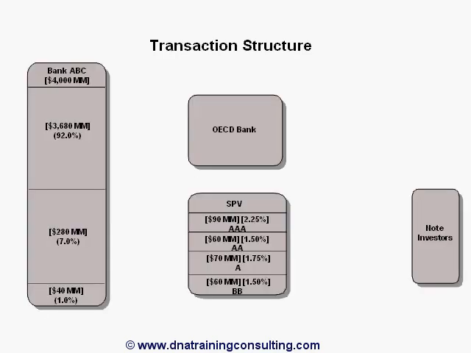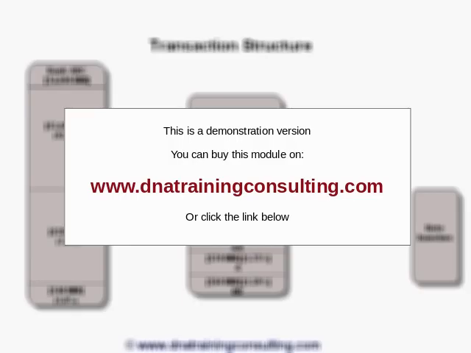During the 3-year course of the transaction, and assuming for now that no defaults at all occur, the flow of cash is easy to visualize. Bank ABC pays a periodic fee, usually quarterly, to the OECD bank that can be thought of as the premium or price for the credit protection it has acquired under the senior CDS.